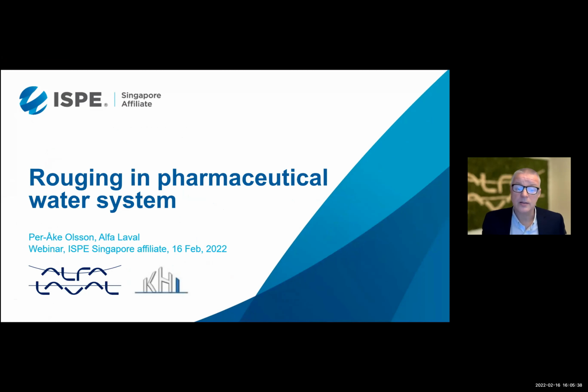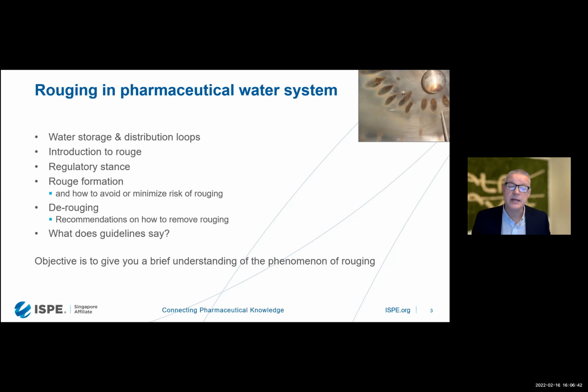I will give an introduction to rouge, talk a little bit about what the regulatory standpoint says about rouging, and then I will go more into explaining how rouge is formed and how we can avoid or minimize the risk for rouging. If we get rouging, which most of us have, unfortunately, I will then also talk about de-rouging, or how to remove the rouge.